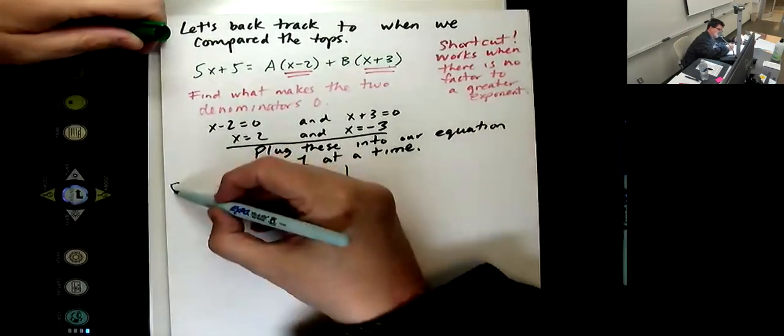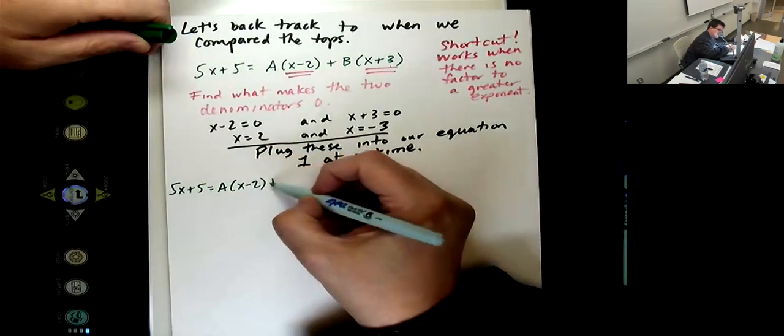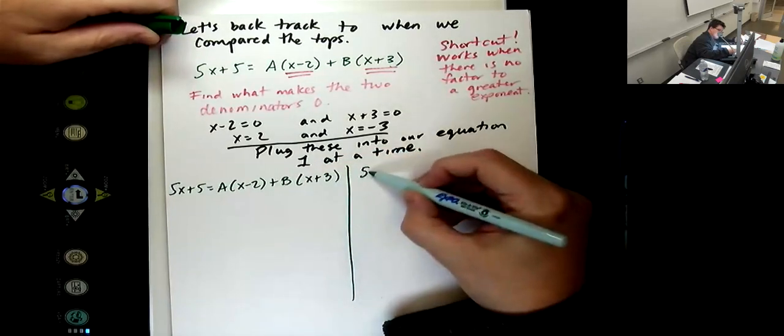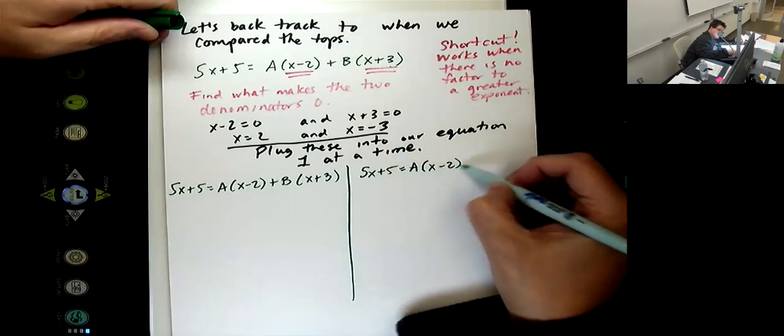So I had 5x plus 5 equals a times x minus 2 plus b times x plus 3. I'm going to write this twice because I'm going to do it twice, depending on what number I'm using.